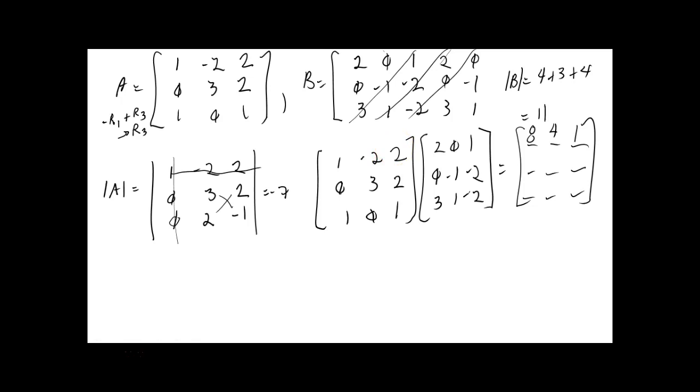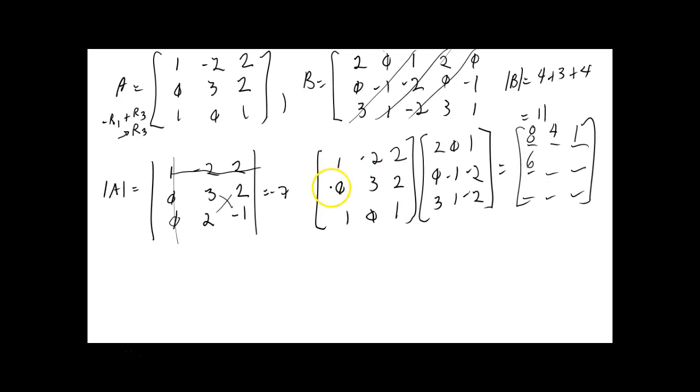Right? Okay. Second row, first column. 0. The next is a 0 because 3 times 0 is 0. And then the next is a 6. Right?